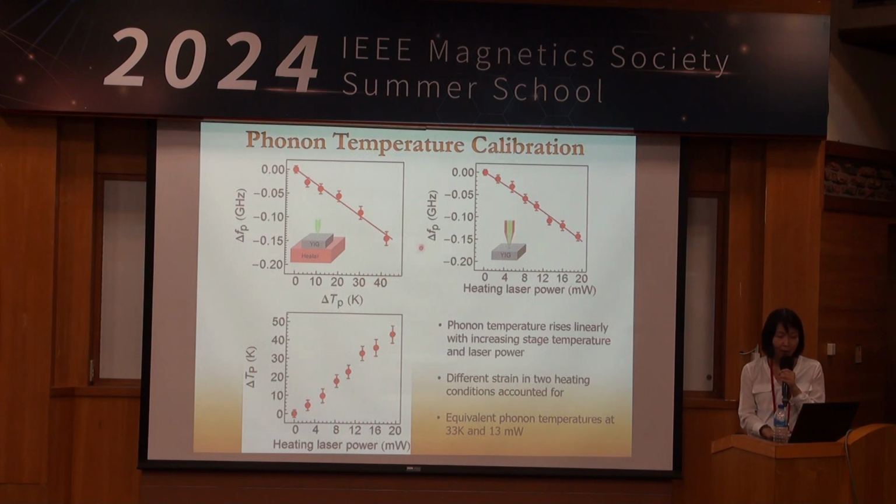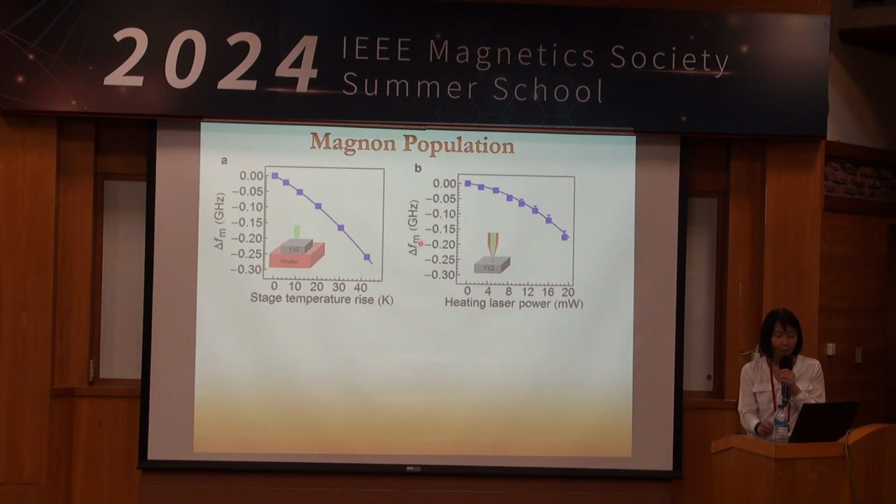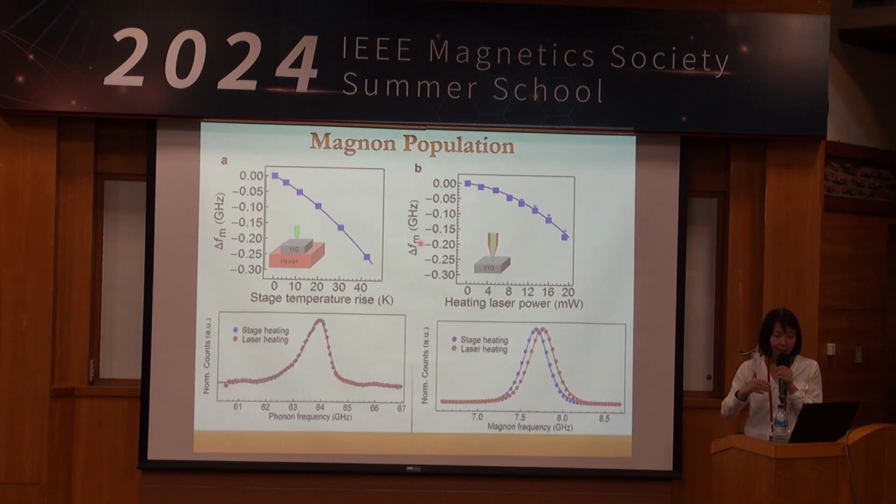So now I can define the temperature of the magnon and the temperature of the phonon, and I can see that I drive them out of equilibrium. So the conclusion is yes, you can drive phonons and magnons out of equilibrium.